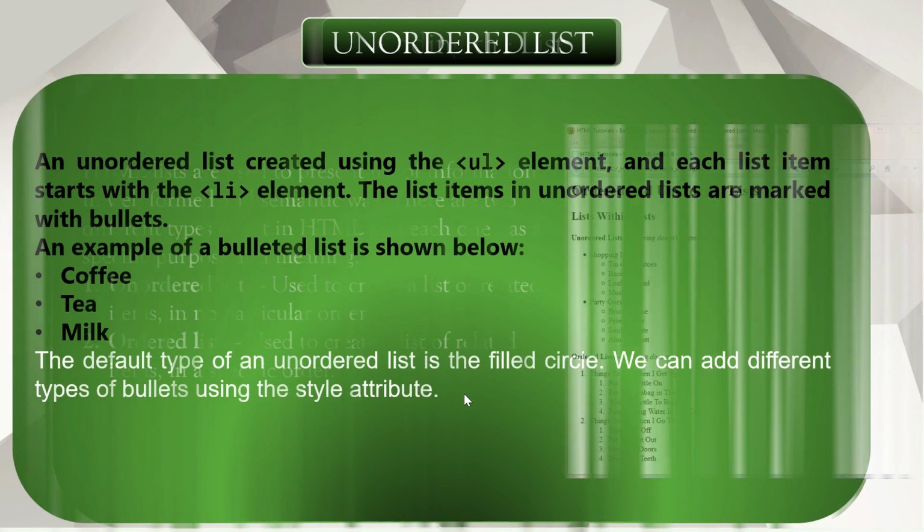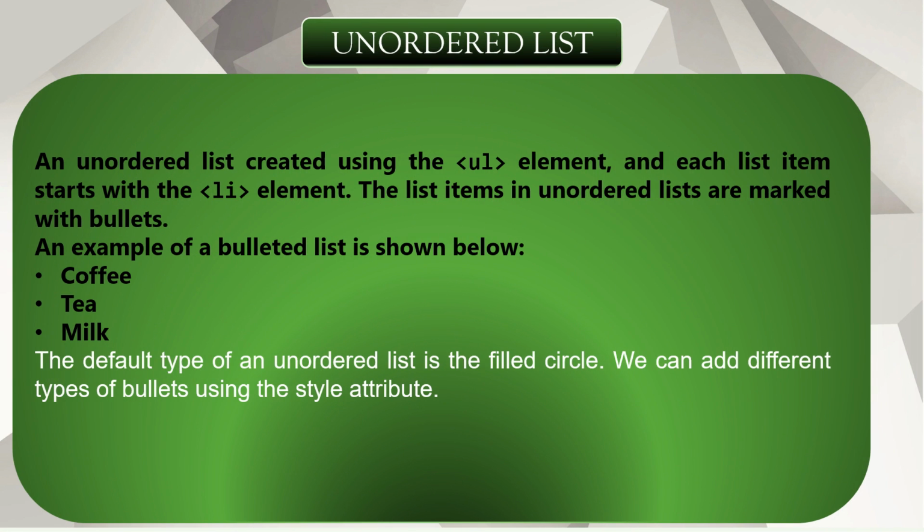Now the first one is the unordered list. An unordered list is created using the UL elements, and each list item starts with the li element. Got it? So the tag is UL, and inside that you will use the element li to list the items.